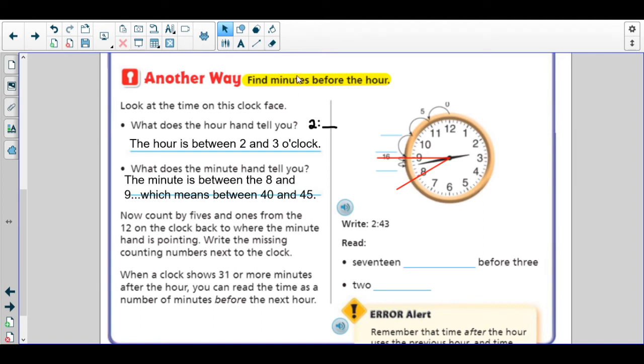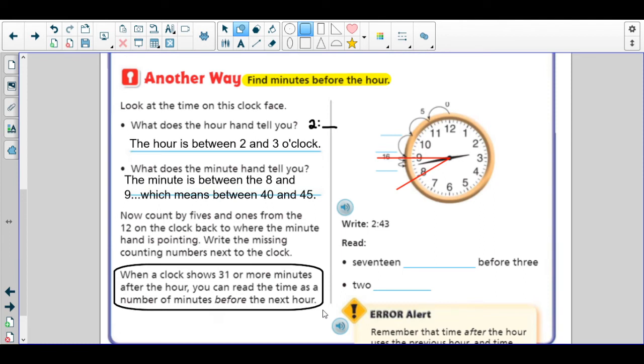Now, we can go ahead and count through this, and then we're going to work backwards on this. And let me read this right here. Okay, now count by 5s and 1s from 12 on the clock backwards to where the minute hand is pointing, the missing time. When a clock shows 31 or more minutes, and that's important right here, let's make sure we highlight this, you can read the time as a number of minutes before the next hour.